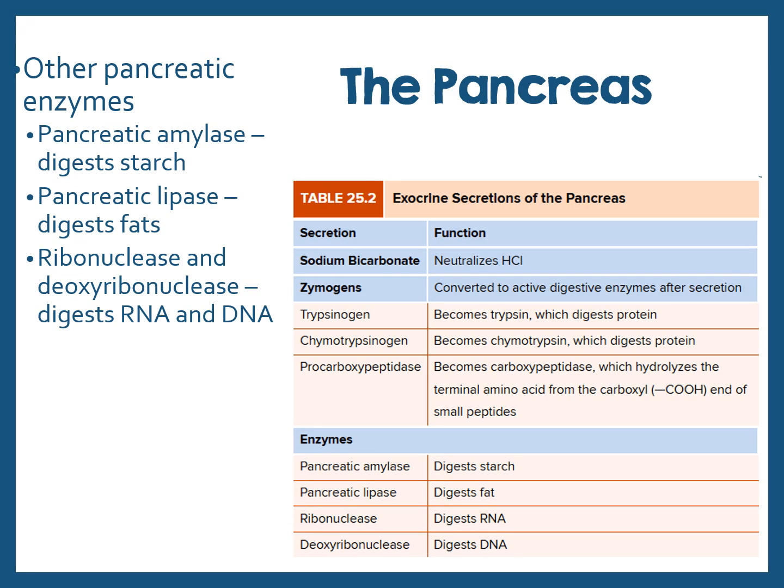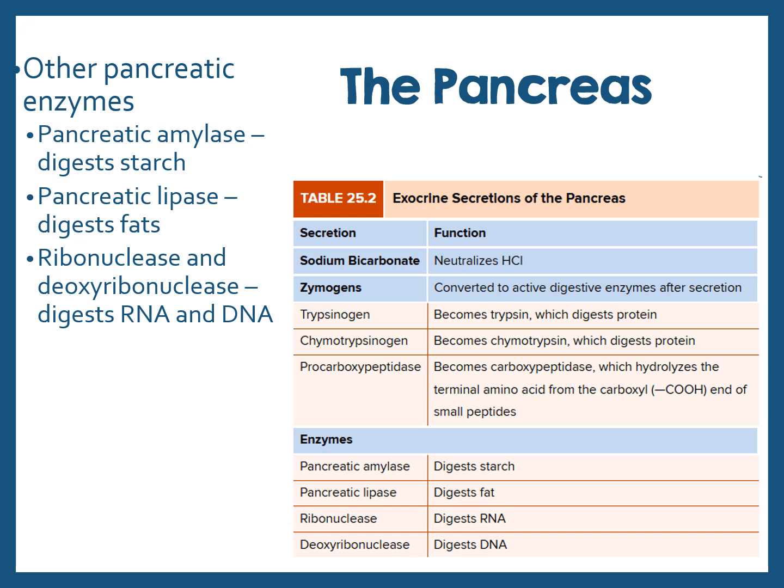There are some other enzymes that are also secreted by the pancreas, like pancreatic amylase. Just like salivary amylase that's released in the mouth, it digests carbohydrates. Pancreatic amylase will digest starch. So starch will be broken down into its monomer, or its building block of a monosaccharide that we call glucose.